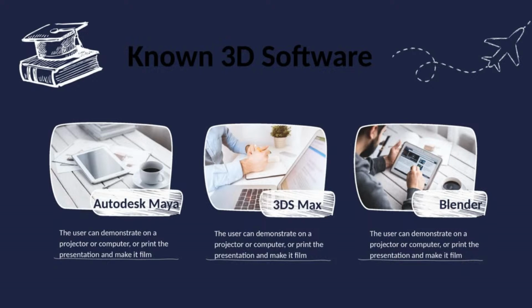Known 3D software. This is one of the most common for me in 3D software. There are also other 3D modeling software that I know of, but here are some examples.